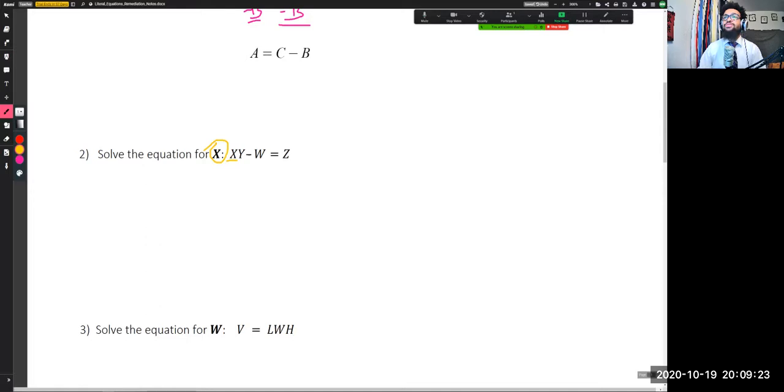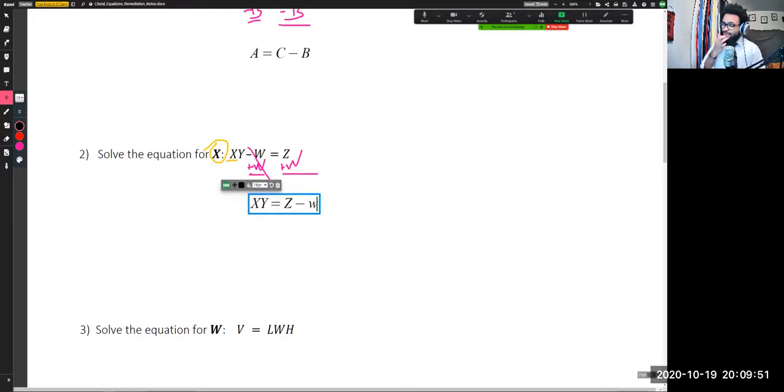So first I'm going to move this w by performing my inverse operation. There's a subtraction happening here. So I'm going to add plus w to both sides, plus w to both sides. W goes away on this side. And then what we have is going to be xy is equal to z minus w.